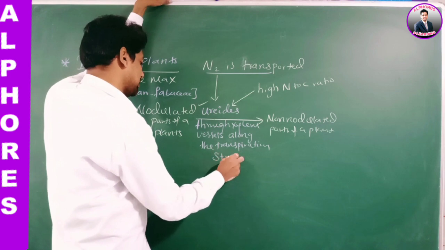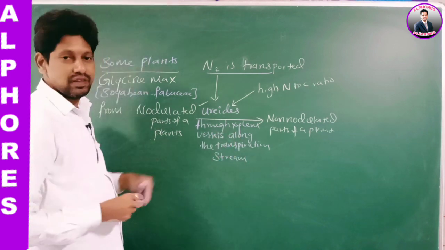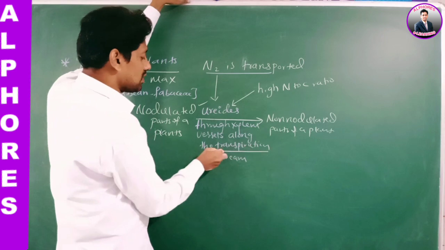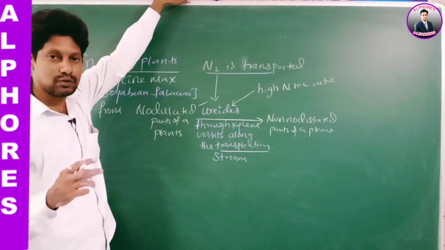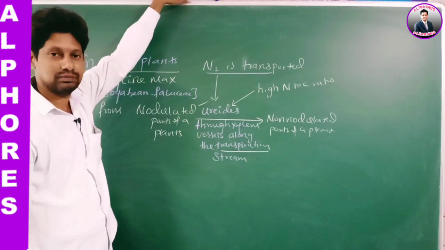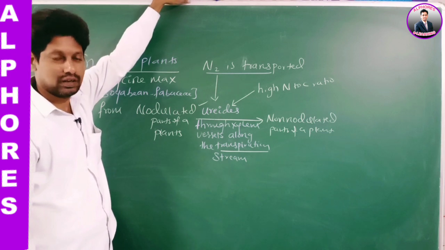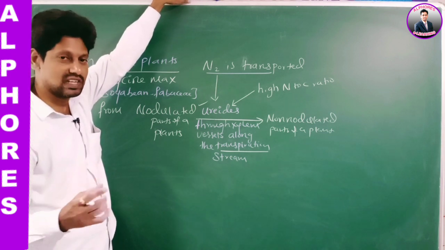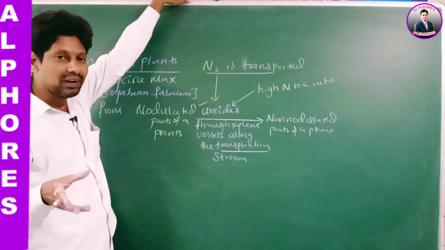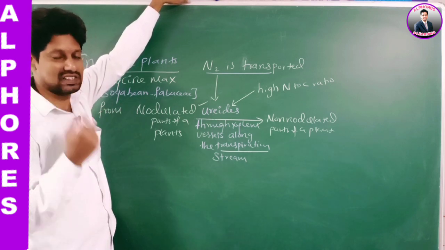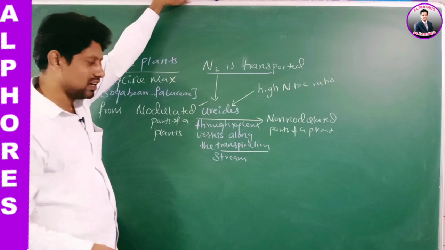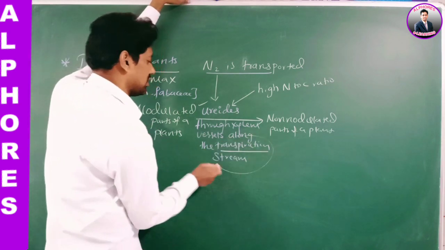What is the meaning of this statement, sir? See, sir, in response to transpiration, water moves through the xylem vessels. That movement of water through xylem vessels in response to transpiration is nothing but a transpiration stream.